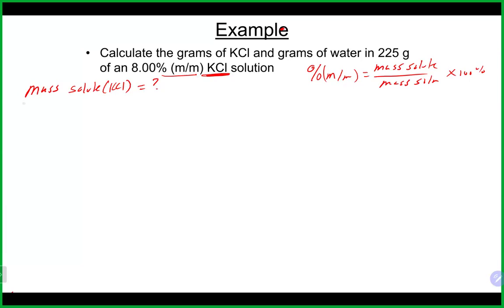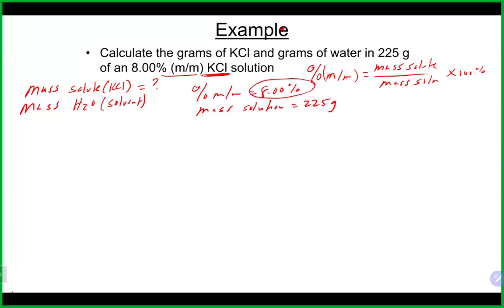We're also looking for the mass of the water. In this case, the water would be our solvent, and KCl is an ionic compound, so water is a really good solvent for that one. It's going to work really well together. We do have the percent mass to mass given to us here, which is 8%, and we have the mass of the solution, which is 225 grams.